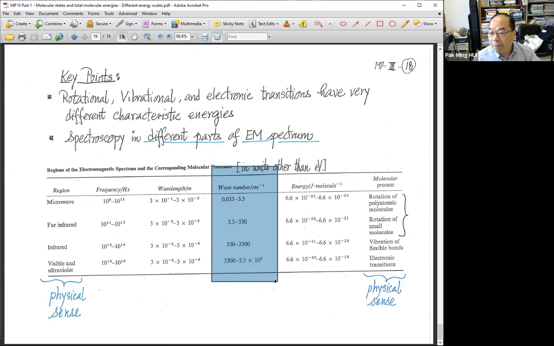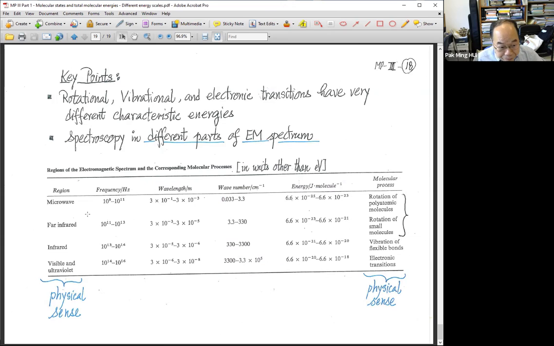Basically it means, per centimeter, how many wavelengths are there. But then sometimes it is wavelength, sometimes it is joule per molecule, sometimes it is hertz, sometimes it is frequency times 2 pi, so angular frequency. Things are complicated, so have a little bit of sense of it.